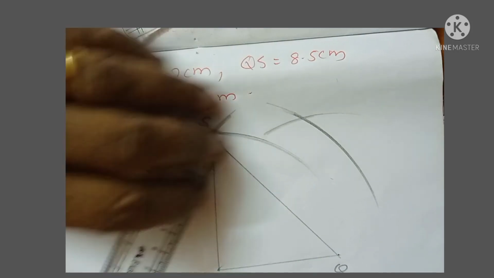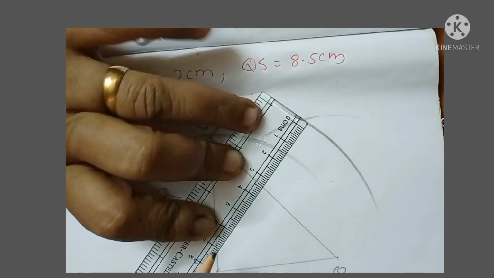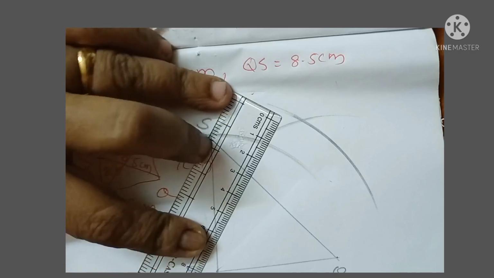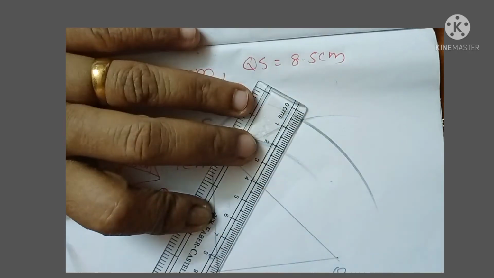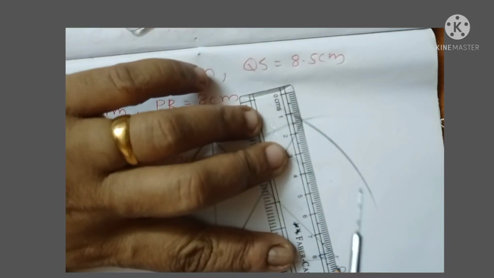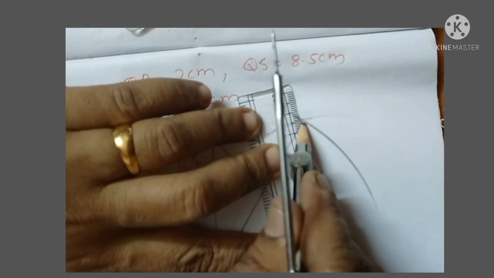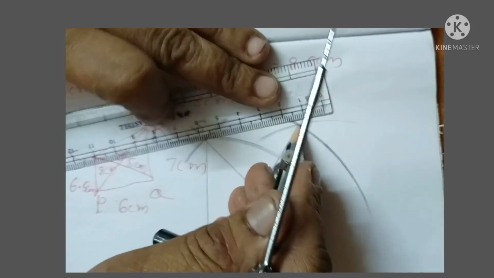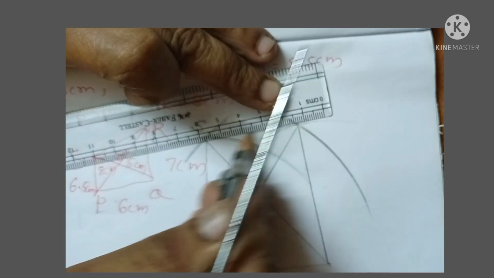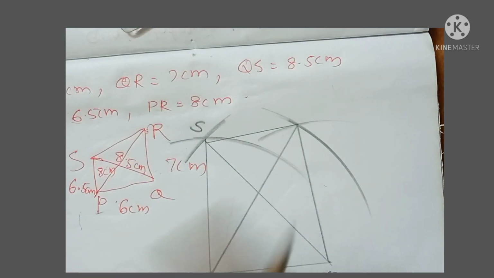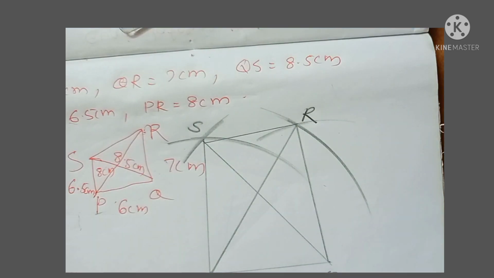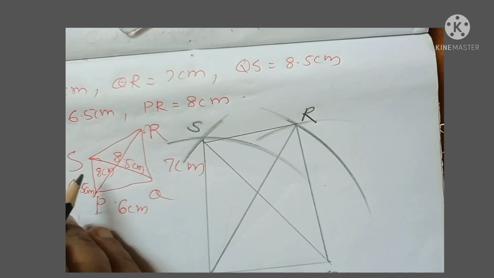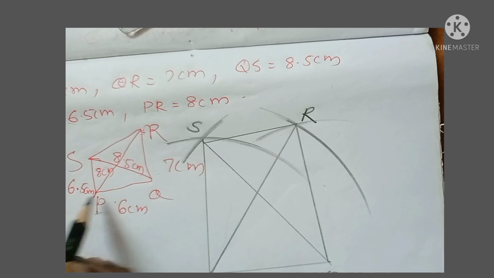Then join that point with P and Q. Then join these 2 points. Then we got the required quadrilateral PQRS. So this is the way we construct a quadrilateral with given measures, that means 3 sides and 2 diagonals.